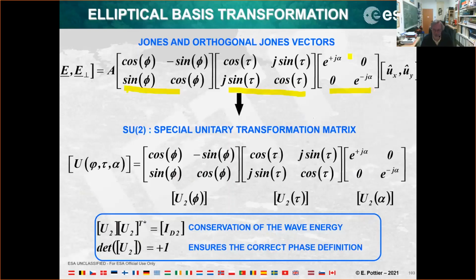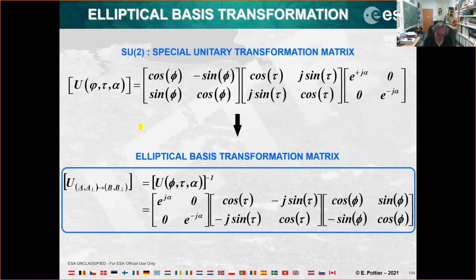These three matrices are a very, very important key point in polarimetry. Keep in mind that these matrices do not come from nowhere, but come from the construction of the ellipse from a geometrical point of view. Everything is related. And this is a classical elliptical basis transformation.